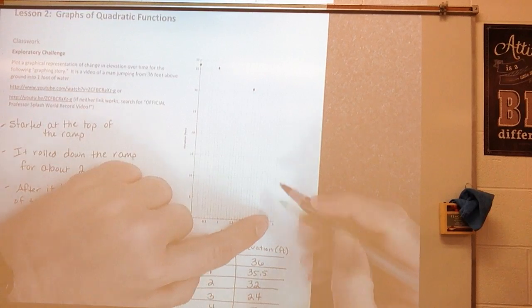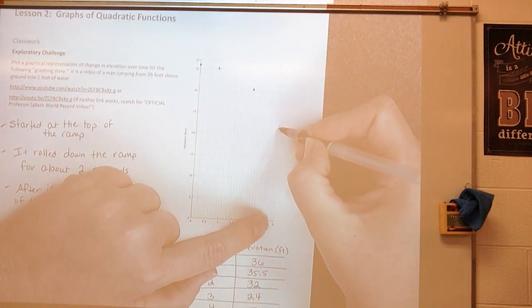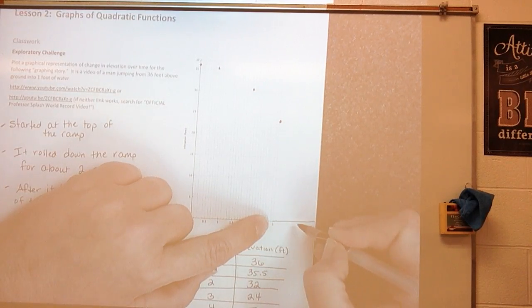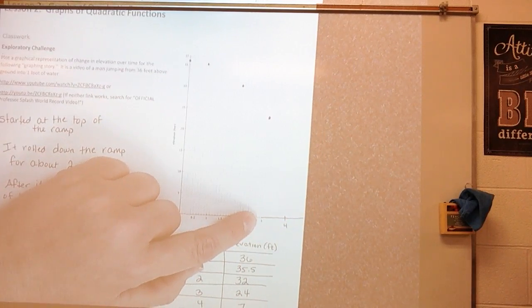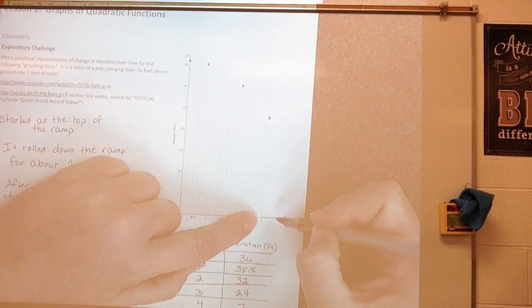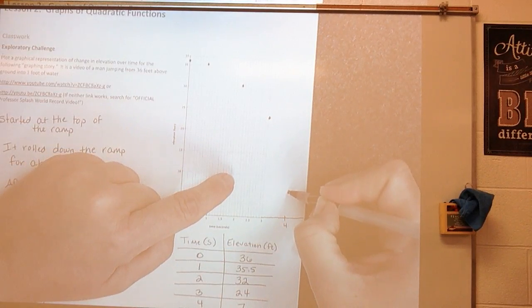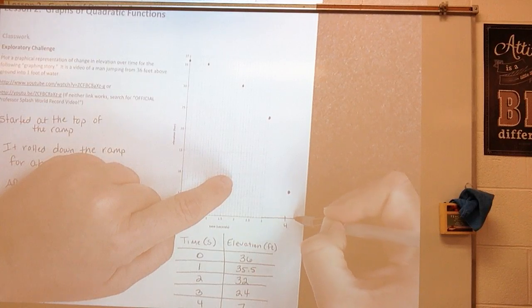At 3 seconds, he was at about 24 feet. And we need to extend our graph because they actually did not do 4 seconds. So at 4 seconds, he was all the way down here. And then about 4.3 is where he ended up right here.